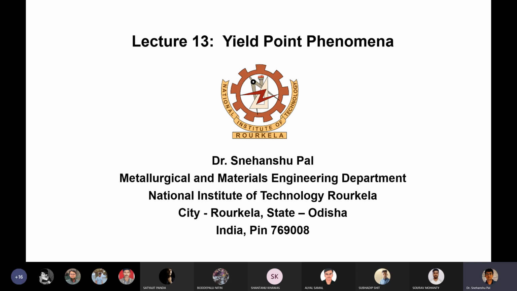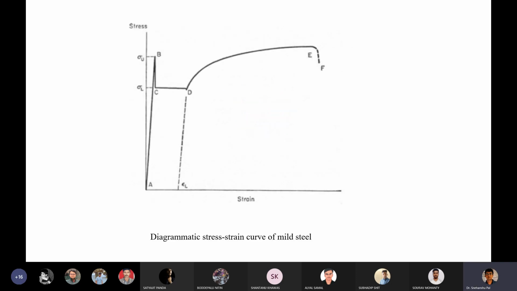It is found that the stress strain curve is not at all smooth, whereas it actually shows some marked irregularities with negative slope occurring at or near the initial yield point of the curve. For that, if you go to the next slide, we can look at the picture, then we can understand what I want to convey.